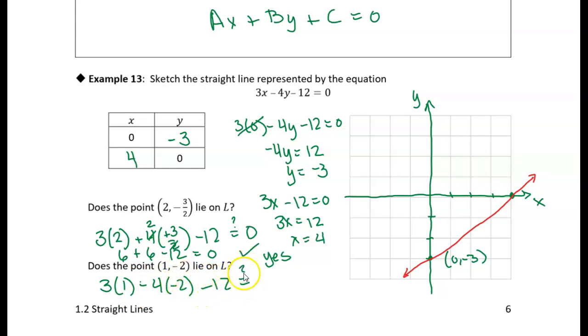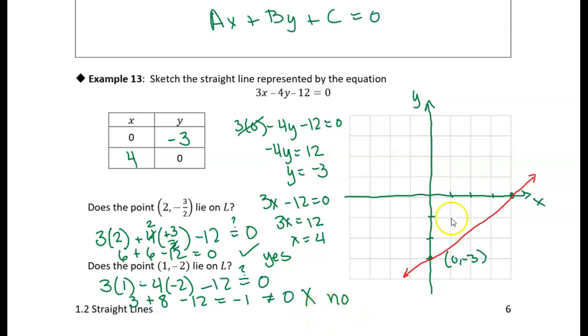And does that equal 0? Well, let's see. I get 3 minus, so this is a negative 4 times a negative 2, which becomes a positive 8. And then minus 12. And that's 11 minus 12, so that's a negative 1. That is not equal to 0. So this is a no. No, that point does not lie on that line.